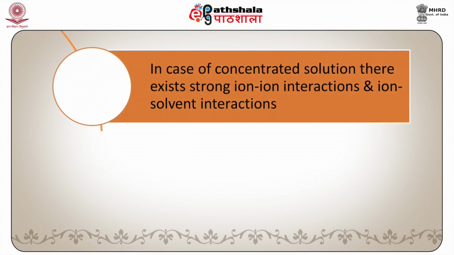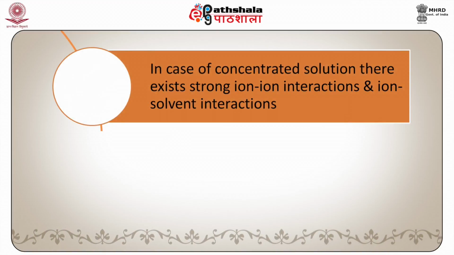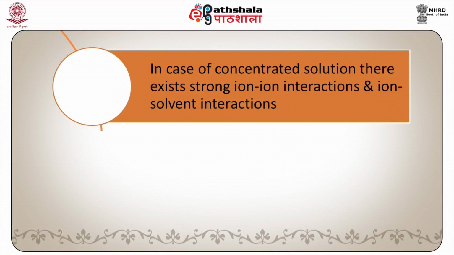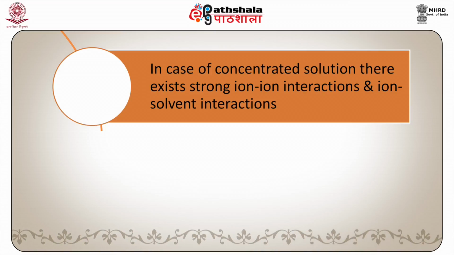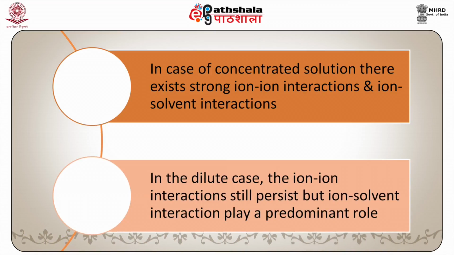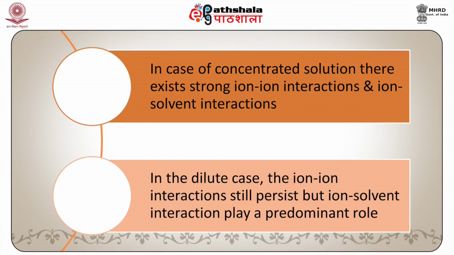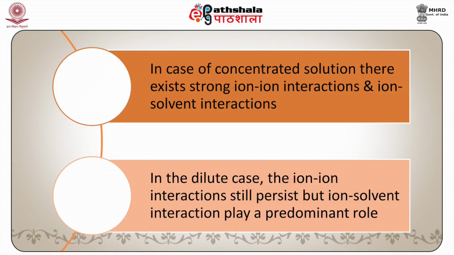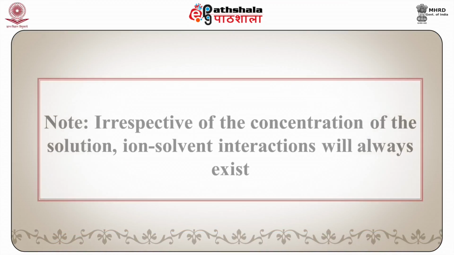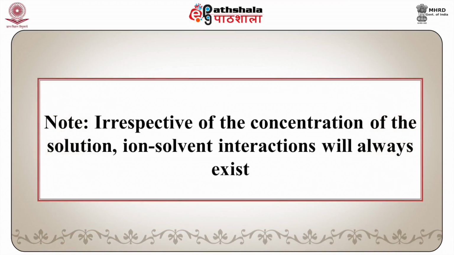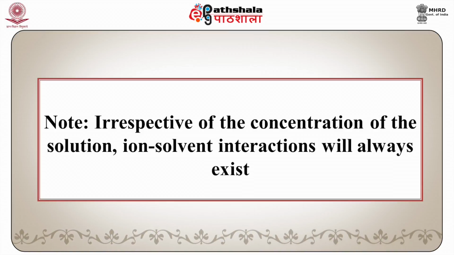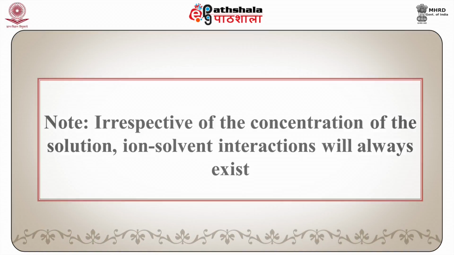In case of concentrated solution, there exist strong ion-ion interactions and ion-solvent interactions, while in the dilute case, the ion-ion interactions still persist, but ion-solvent interaction plays a predominant role. We should note that irrespective of the concentration of the solution, ion-solvent interactions will always exist.